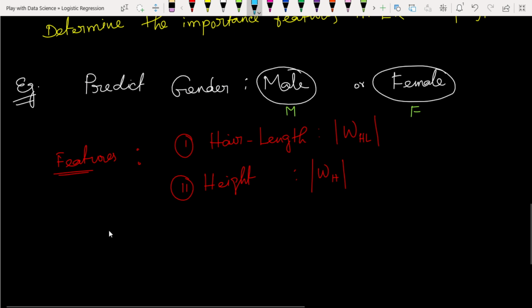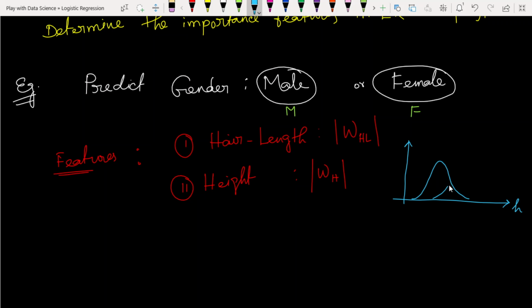If we just draw the distributions of the height, this is the male distribution and this is the female distribution.